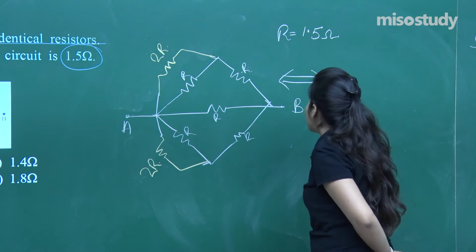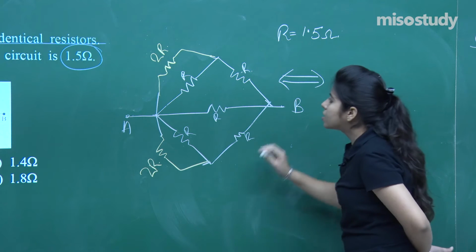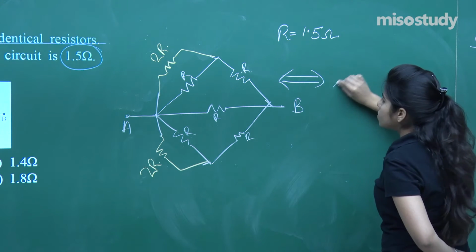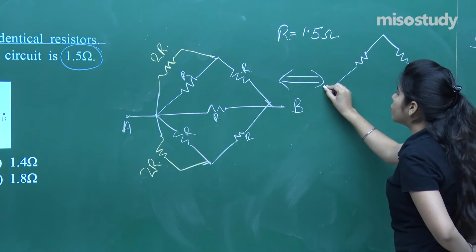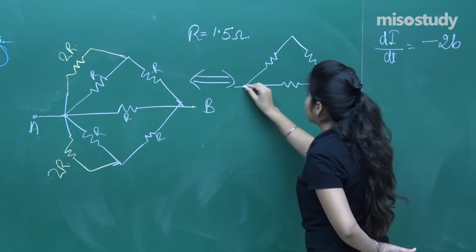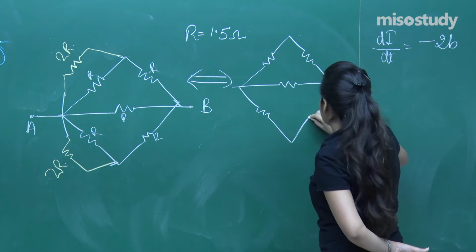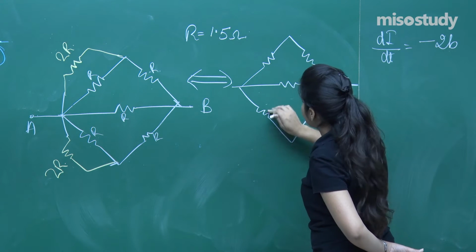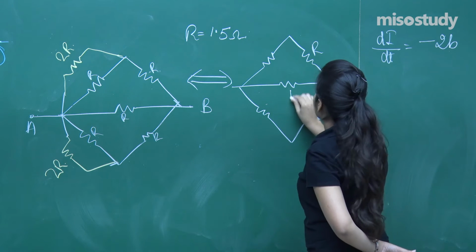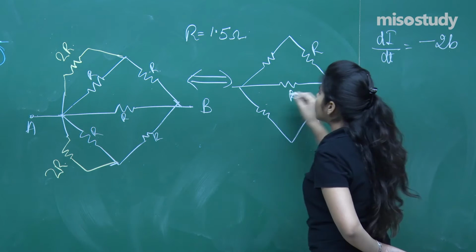This you know, and I am definitely sure that this will be clear to you. So let me just make one simple figure before you. This is R, this is R. We are going to do one thing over here.